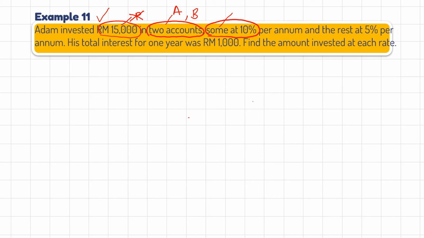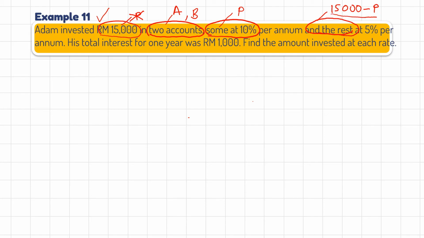This will be account A, so we write just P. And the rest at 5% per annum. Here the keyword is the rest. Therefore, the rest means 15,000 minus P. So the rest will be in another account. P for account A and 15,000 minus P is in account B.